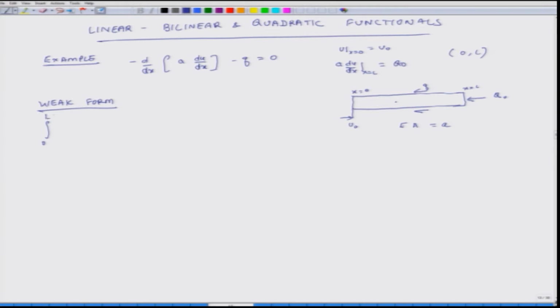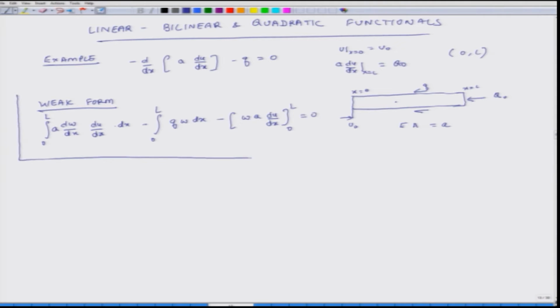So, the weak form is integral 0 to L of dw over dx du over dx A, minus integral of 0 to L of q w times dx, minus w a du dx at L. For this particular problem, this is the weak form.